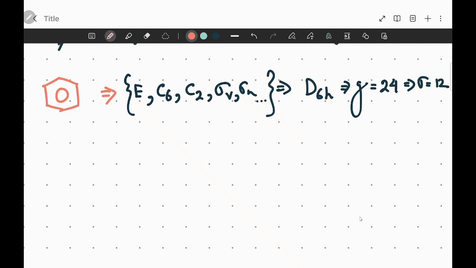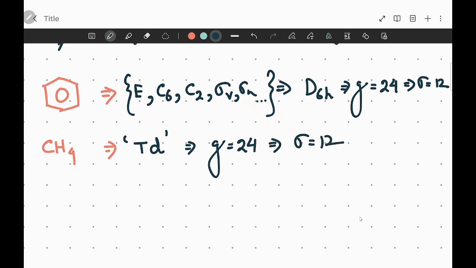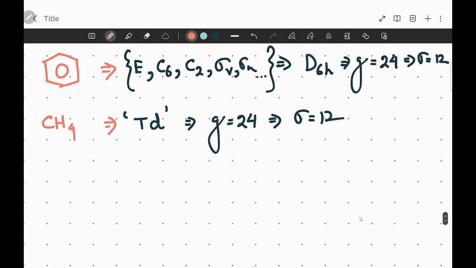One of the famous molecules is CH4. This belongs to the tetrahedral point group, and the number of elements of the tetrahedral point group is the same as D6H. So it is 24 and sigma will be 12. Okay. After CH4, if you consider another molecule, let's say an octahedral molecule, just like SF6, the point group is octahedral.